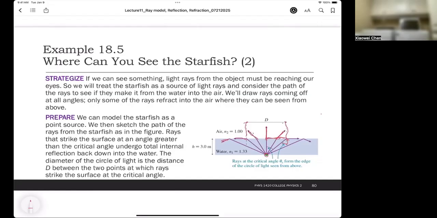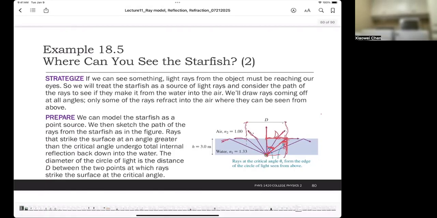This angle is equal to this angle. This angle we know is the critical angle, theta c, and because this line and this line are parallel, am I right? This angle equals this angle. Does it make sense to you?